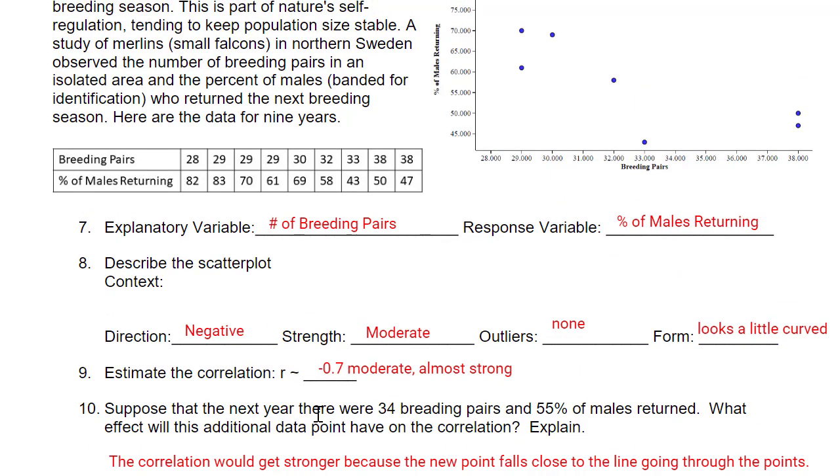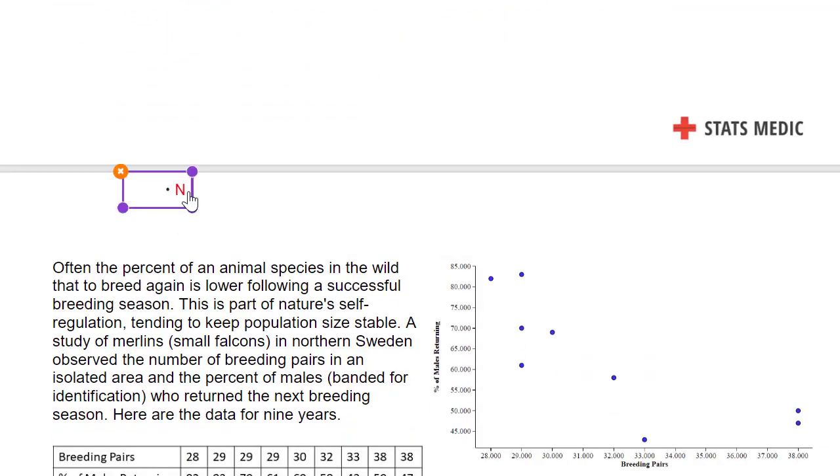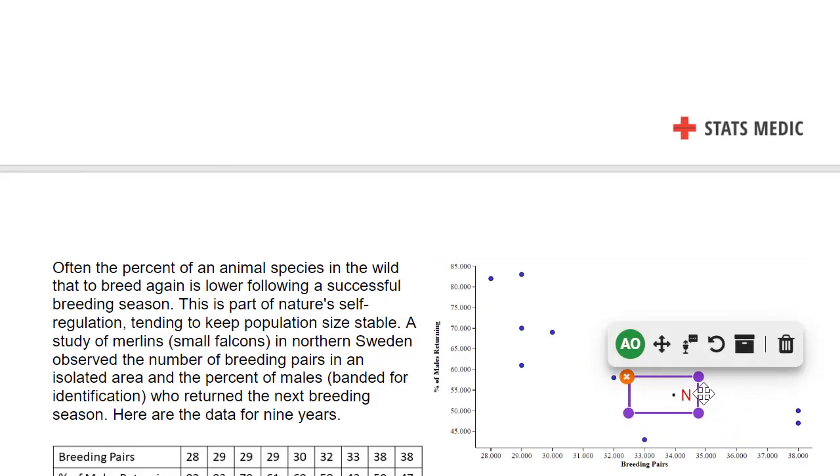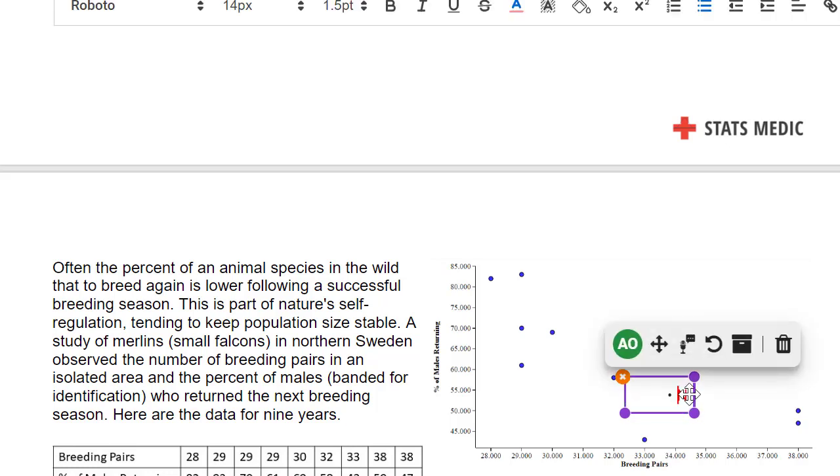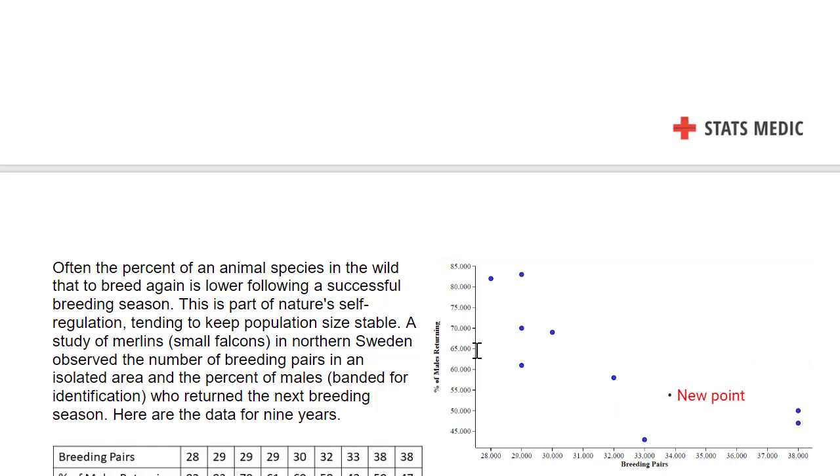Okay, supposing next year there were 34 breeding pairs and 55% of males returned. So that's where this dot came in. So we had 34 and roughly 55. We put it right there. Somewhere around there. So there's your new dot, your new point, right? And in fact, I can type that in. New point right there.